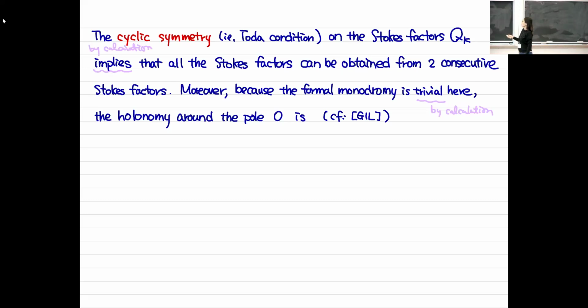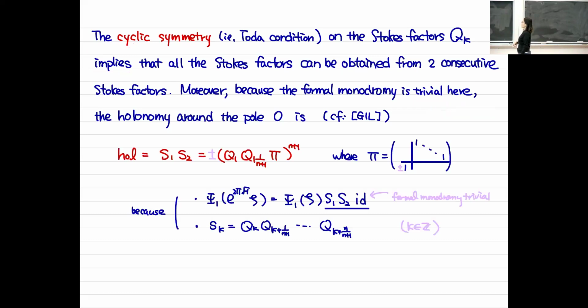And also the formal monodromy is trivial in this system, so it's also by calculation. Then the holonomy around the pole is as follows. What does holonomy mean? It means that you go around the pole, right? And that's the holonomy. Say psi 1 is your holomorphic solution. You go around once, then the difference, this part, is your holonomy.